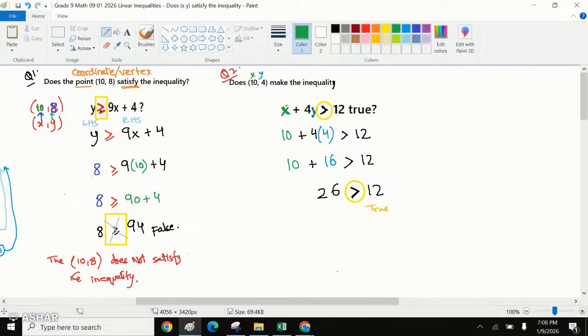And the final answer we can say is that the point 10 comma 4 satisfies the inequality, because it is proving that the left hand side of the equation is greater than the right hand side. I'm just writing LHS for the left hand side and RHS for the right hand side of the equation.